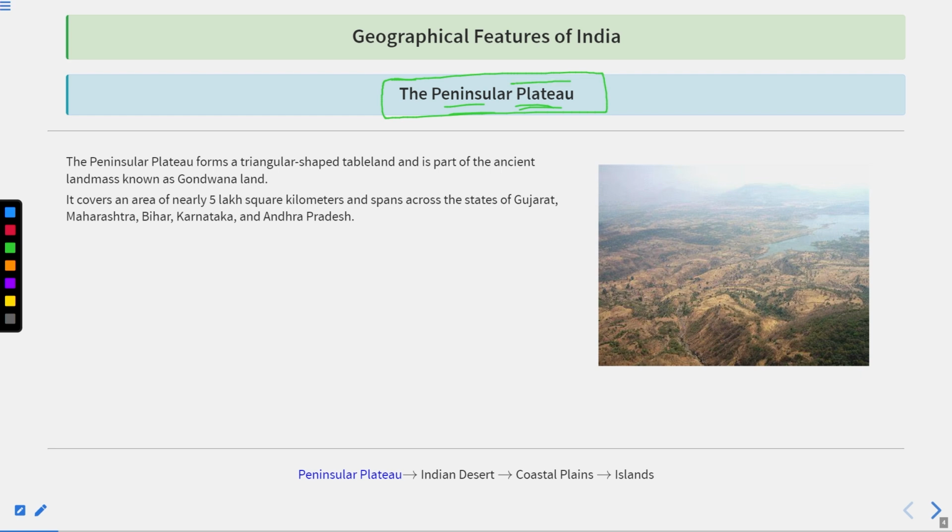So now let's first begin with the Peninsular Plateau. If we talk about the plateau and the mountains, then generally whenever we look at these, we consider that both are the same. Why? Because both are elevated landforms. The mountains are elevated in comparison with the ground level, and the plateaus are elevated in comparison with the ground level as well.